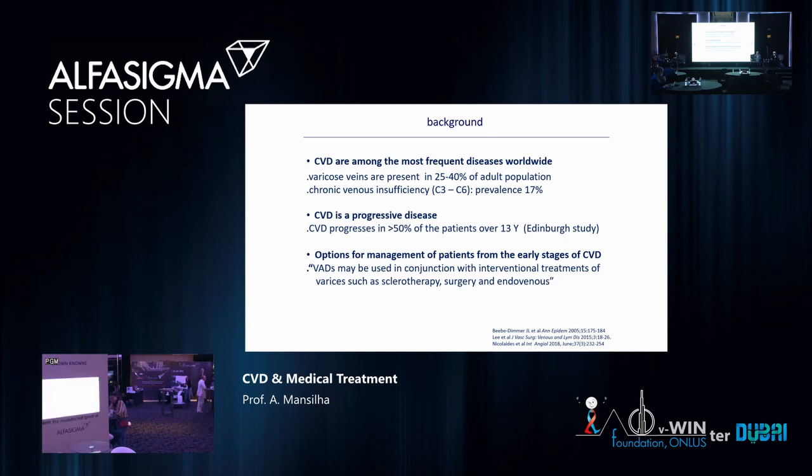We also know that it is a progressive disease, and according to the Edinburgh study results, progresses in more than 50% of the patients in a follow-up period of 13 years.